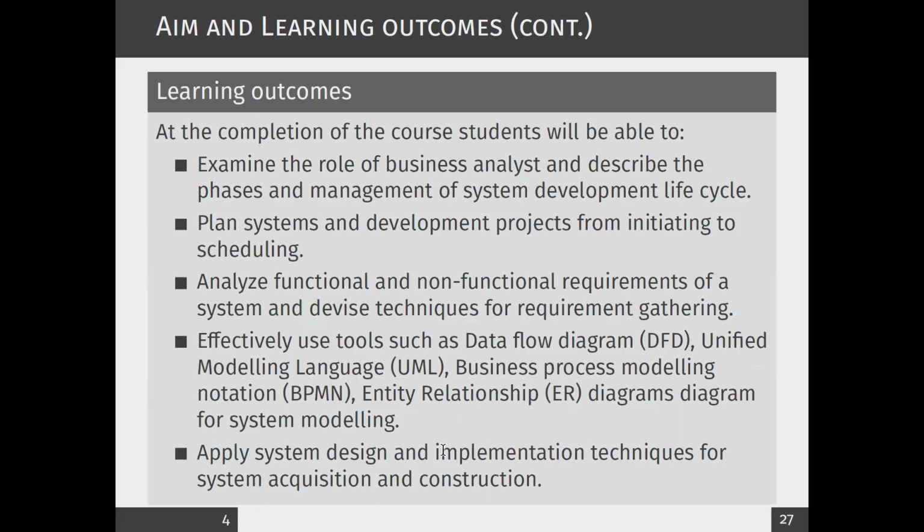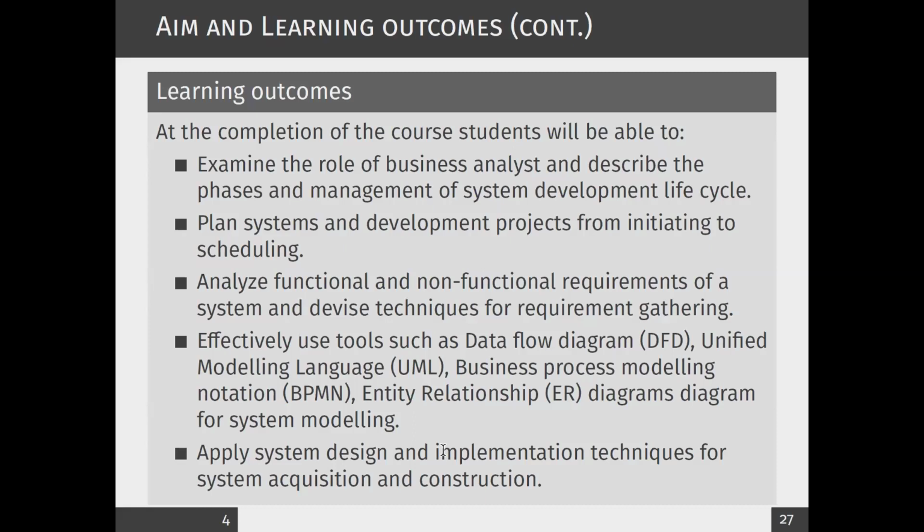Once you complete the module, we'll assume that you will have a good understanding about the role of a business analyst. And I hope some of you might work as business analysts, where you need to understand how the development cycle works. The second learning outcome is software development projects, which is crucial in the management from starting point to how you may schedule different phases, the timing.